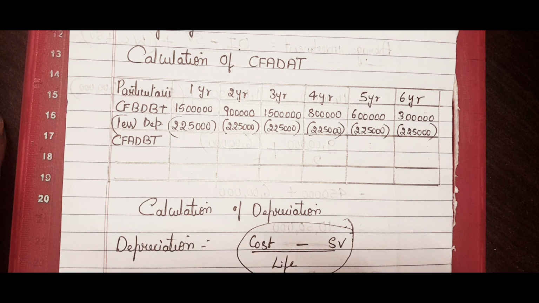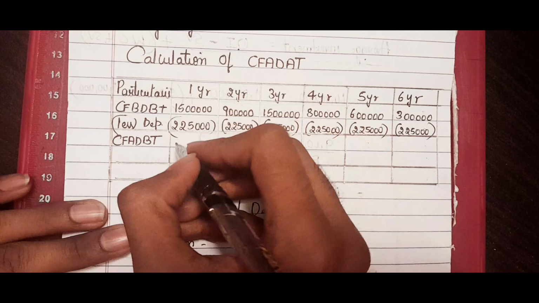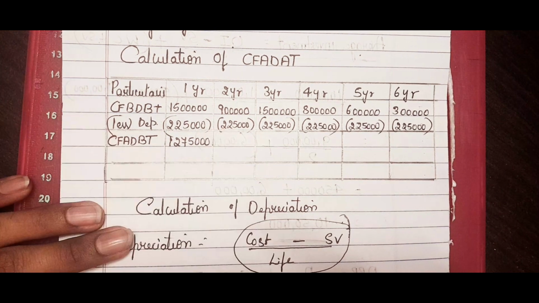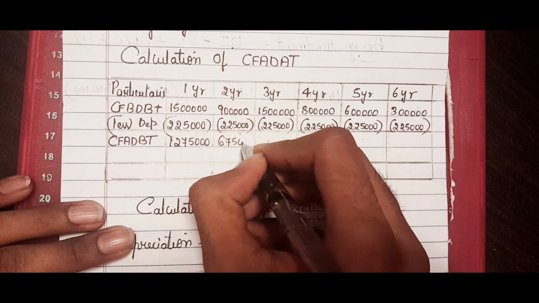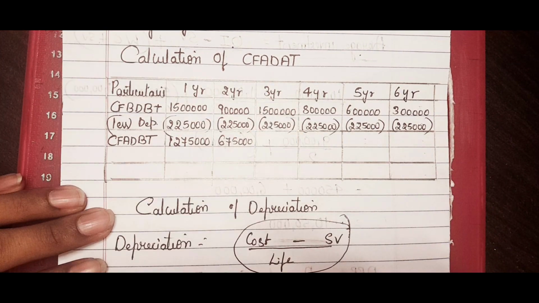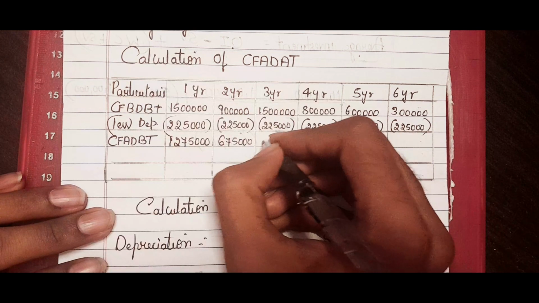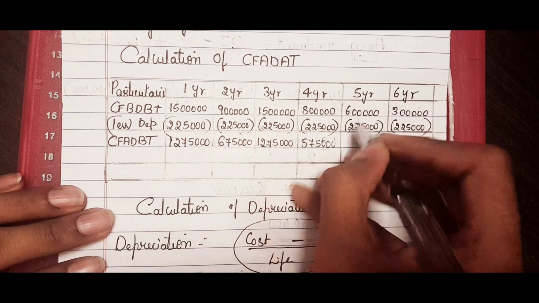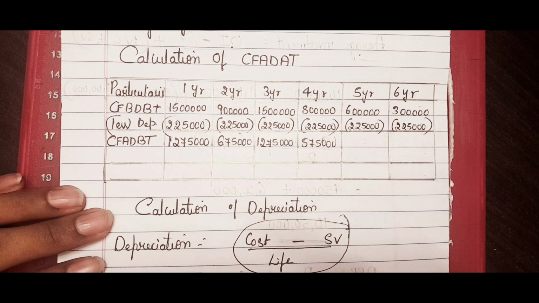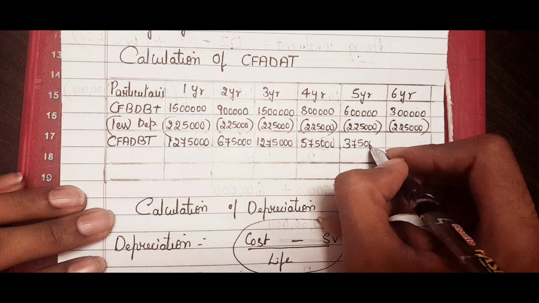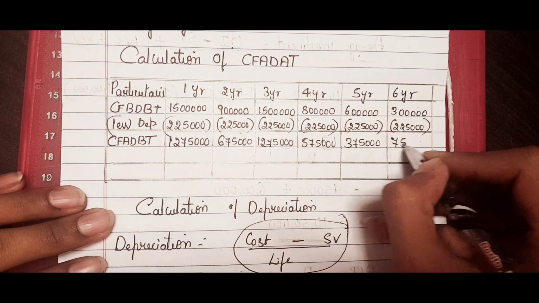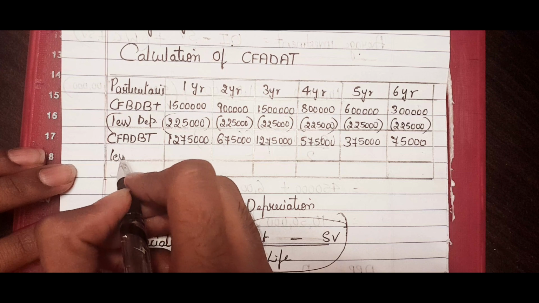So 15 lakhs minus 2,25,000 will be 12,75,000. 9 lakh minus 2,25,000 will be 6,75,000. 15 lakh minus 2,25,000 will be 12,75,000. 8 lakh minus 2,25,000 will be 5,75,000. 6 lakh minus 2,25,000 will be 3,75,000. 3 lakh minus 2,25,000 will be 75,000. Now from this we need to deduct tax.